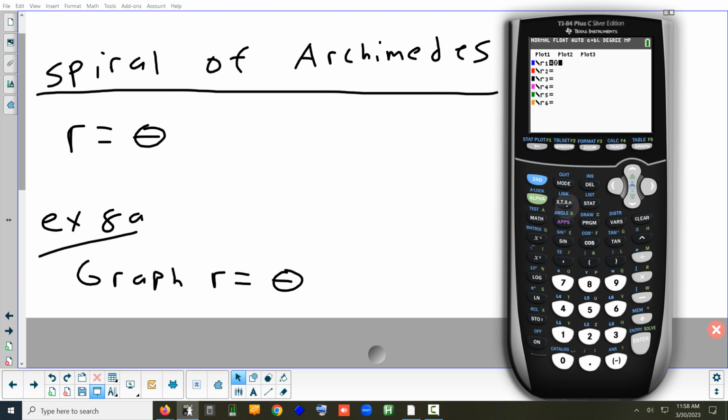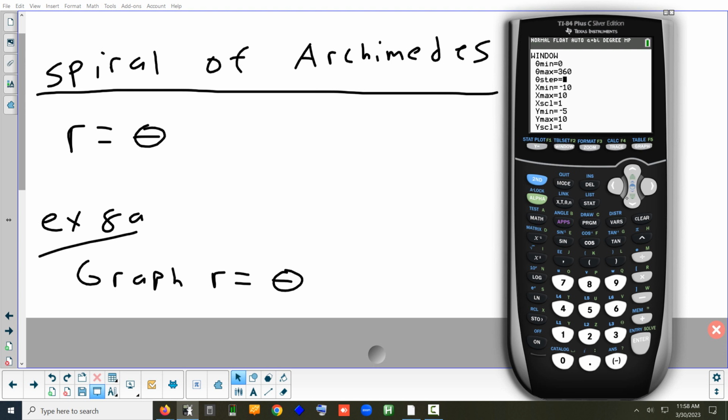So let's say I want to graph one spiral, like one revolution. What would I need my theta max set to get one spiral? 360. And what's the biggest that the spiral is ever going to be as it goes from 0 to 360 on the angle? 360.